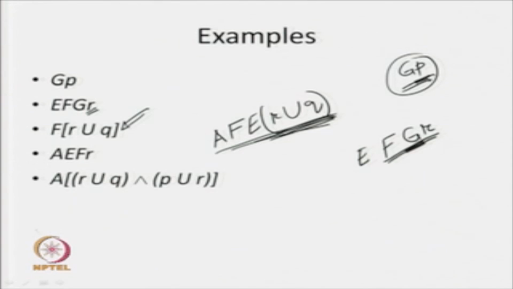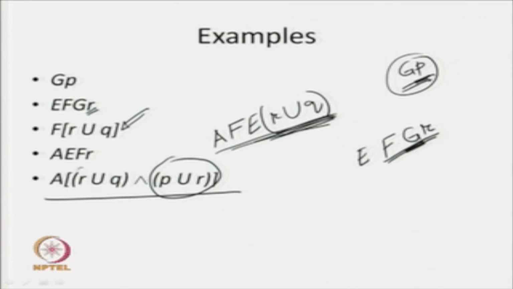With a similar argument, you can say that expression 4 or expression 5 is also not a CTL formula. Apparently you may find that this is a CTL formula, because it is preceded by the path quantifier A. But if you look component-wise, first look into the component P until R. This is a temporal formula, but it is not CTL, because this until is not preceded by any path quantifier.